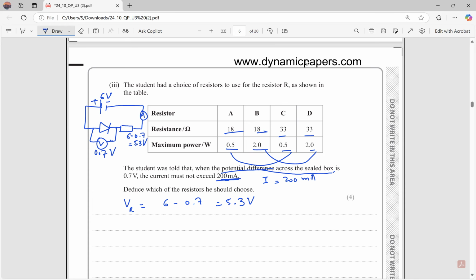We're told the maximum allowed current is 200 milliamps. So using that, we can find the resistance of the resistor.